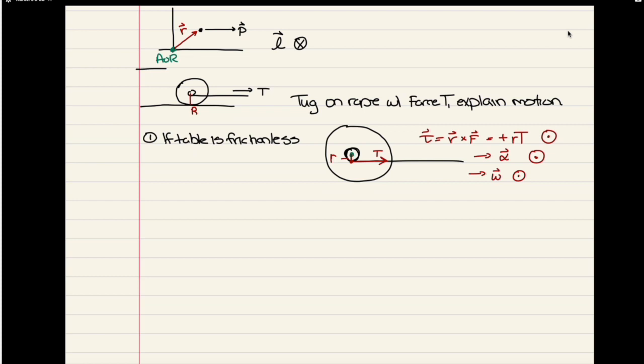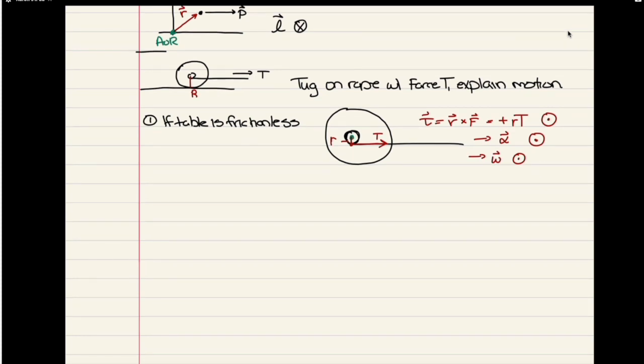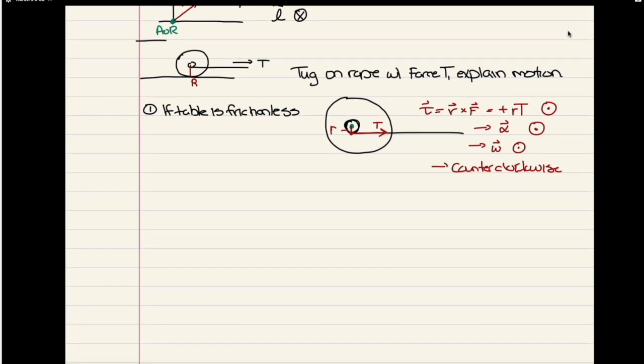By the right-hand rule, my fingers curl around my thumb, and that shows that the yo-yo wants to rotate counterclockwise, or the yo-yo unspools.